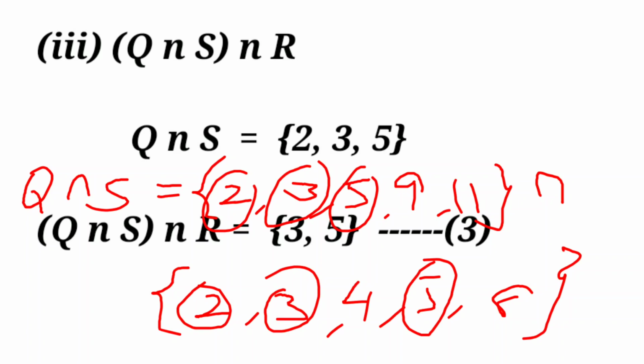Third subdivision, Q intersection S intersection R. First we find Q intersection S. Intersection means common to both Q and S. So Q intersection S is equal to {2, 3, 5}, the common elements.